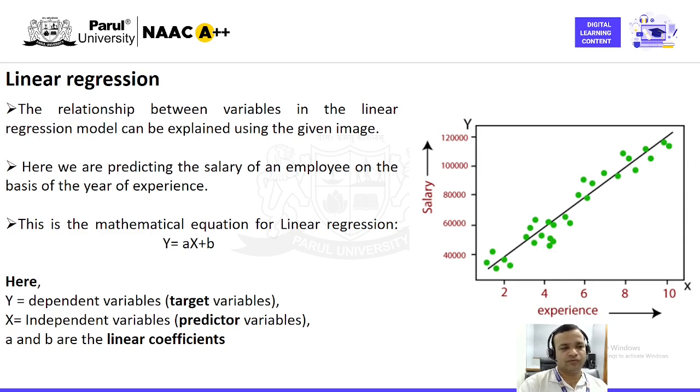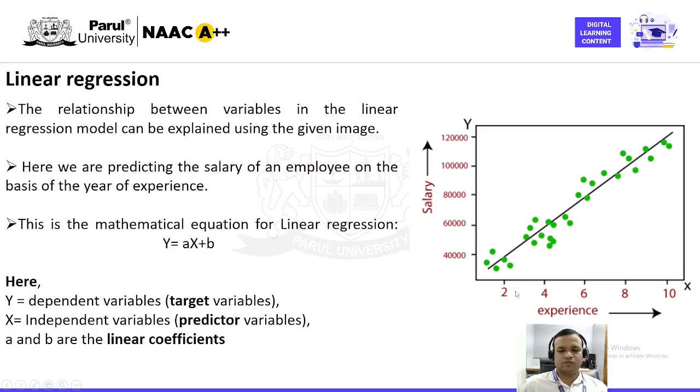There will be 2 years experience, 4 years, 6 years, 8 years, and 10 years experience, and salary will be 40,000, 60,000, 80,000, 1 lakh, 120.